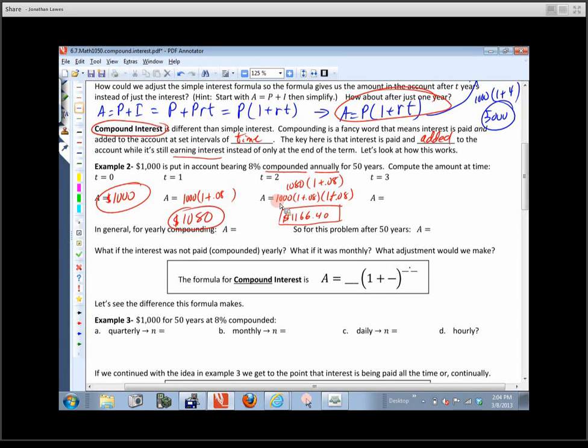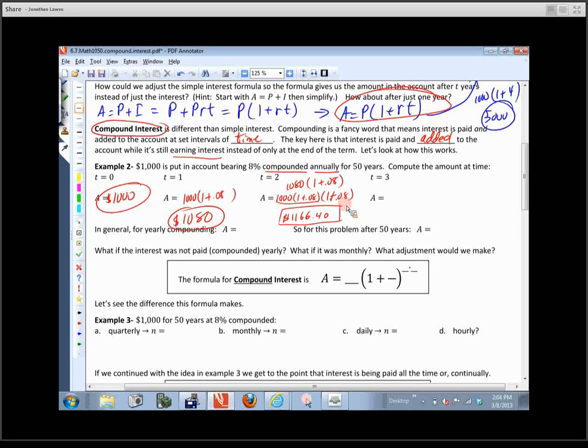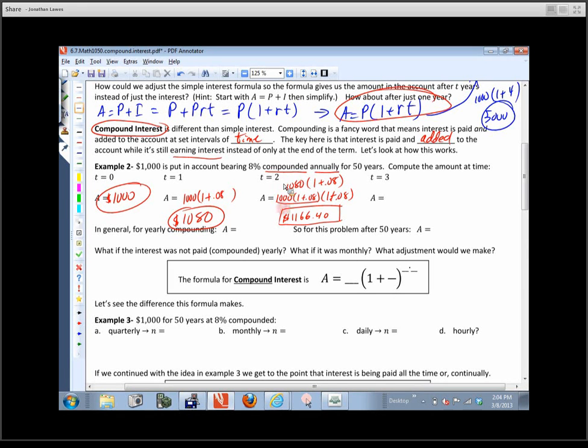So there's the 1080, and then I get all that money back, 100% plus 8%. Does that make sense? Is that okay? So on year 2, I take the original and I multiply it by 1.08 twice. So on year 3, I'm going to take the original and do 1 plus 0.08. That's 1 year. 1 plus 0.08. That's the second year. And another one, 1 plus 0.08.